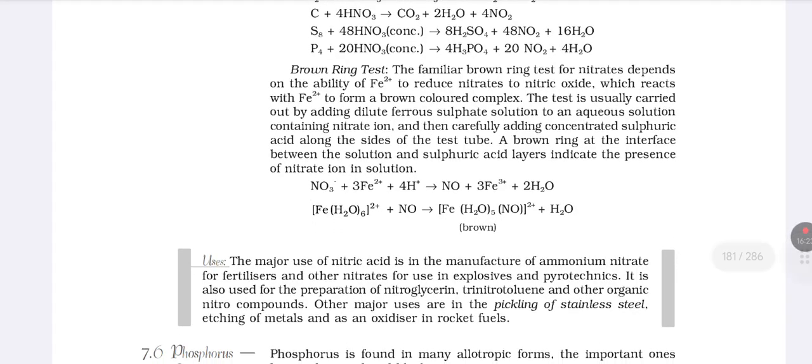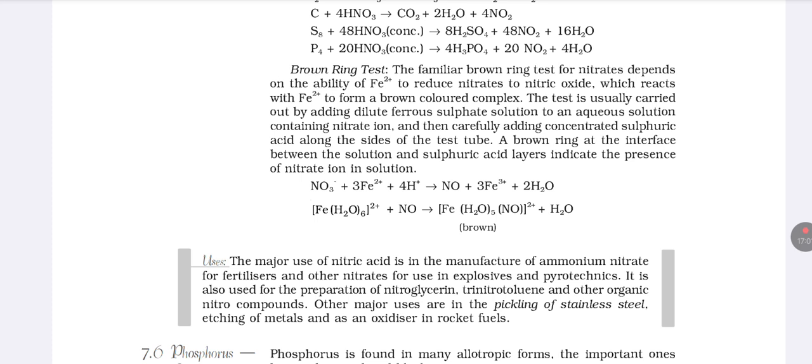Brown ring test. The familiar brown ring test for nitrate depends on the ability of Fe2+ to reduce nitrate to nitric oxide, which reacts with iron to form a brown colored complex. The test is usually carried out by adding dilute ferrous sulfate solution to an aqueous solution containing nitrate ion, then carefully adding concentrated sulfuric acid along the sides of the test tube.